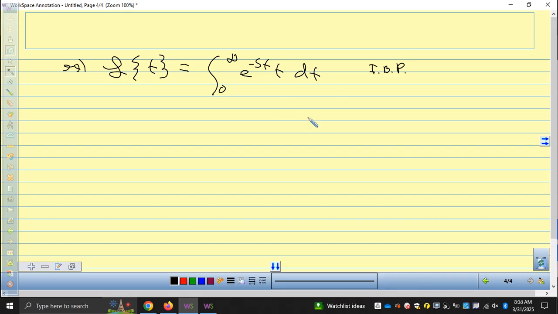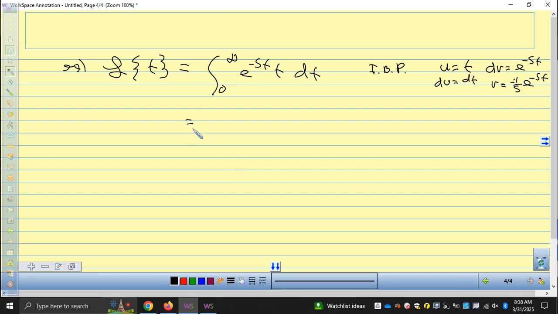I'm going to write out my little things here. u is t, du is dt, dv is e to the minus st, and v is negative 1 over s e to the minus st.